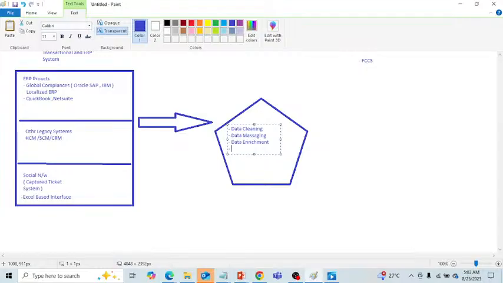Also we have data profiling, and at the last, that is very important nowadays, it is the buzz of data machine learning algorithms, which are used to transfer the ERP data from one end to another, to the EPM softwares. That is data machine learning algorithms.